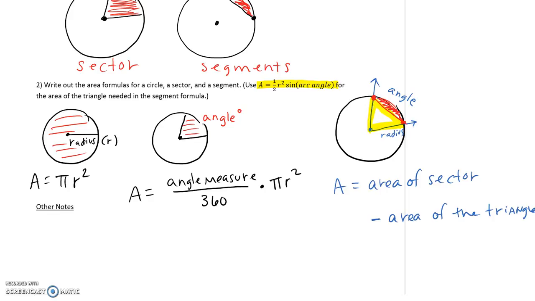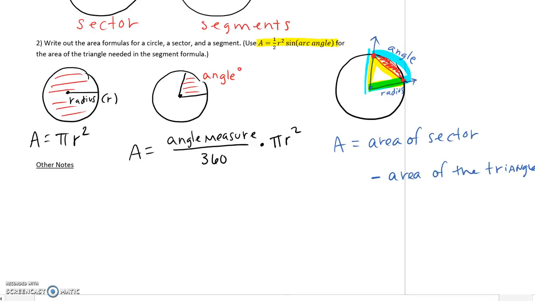When I'm talking about the sector, I'm talking about the whole pie shape that we cut off. So if I find the area of that pie piece and then I cut off of it the area of the triangle, then I will have the area, the leftover, of the segment.